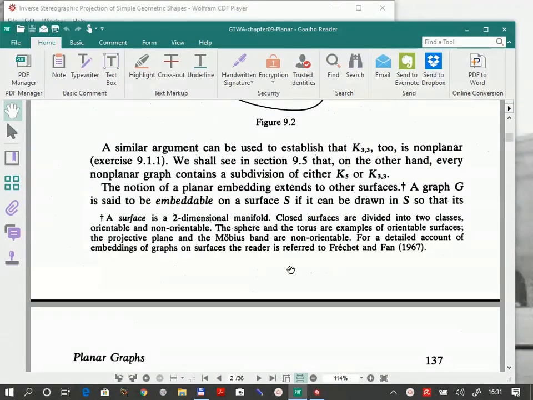You have here some loops which cannot be contracted to nothing, whereas in the plane, all loops can be contracted to nothing. This is a way of discovering that you don't have a global homeomorphism between the torus and the plane, or the torus and the sphere.